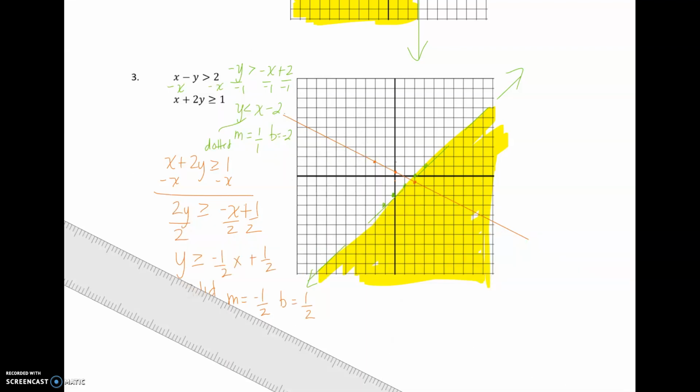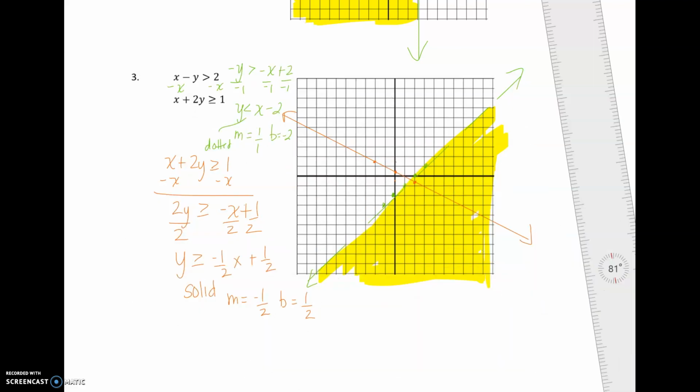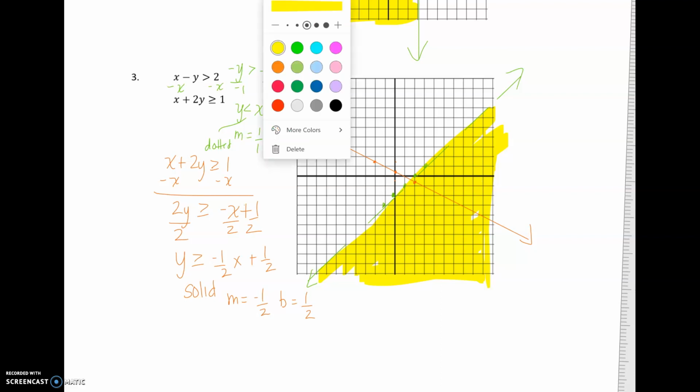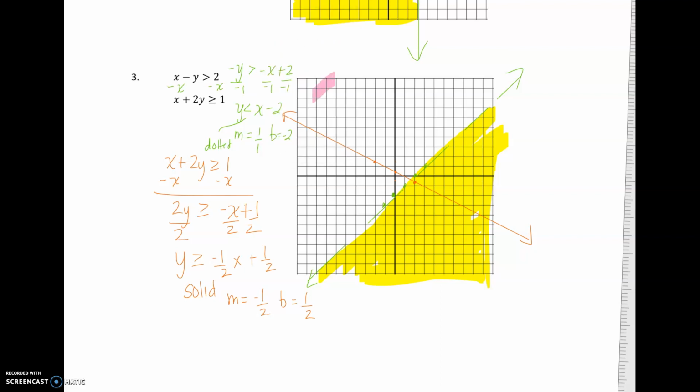All right, so now we draw our solid line. And when we do that, we look to see where our shading would be. It says it's greater than, so if I'm on one of my points and I'm talking about the y-axis, the y coordinate is going to get bigger as I go upward.